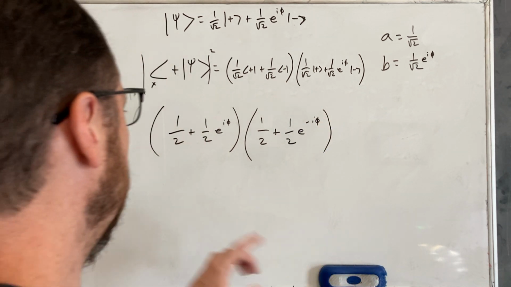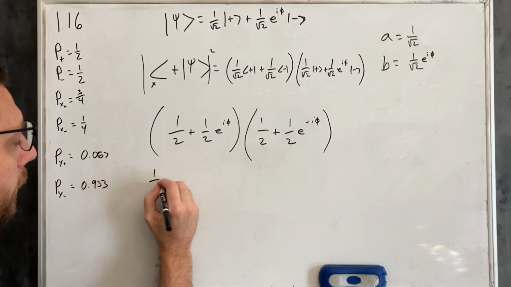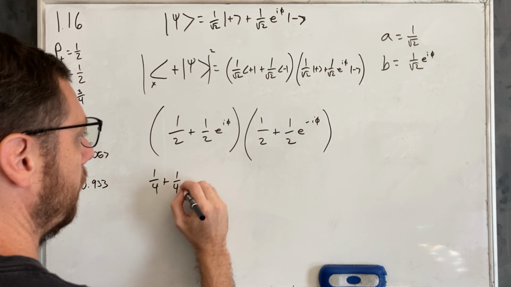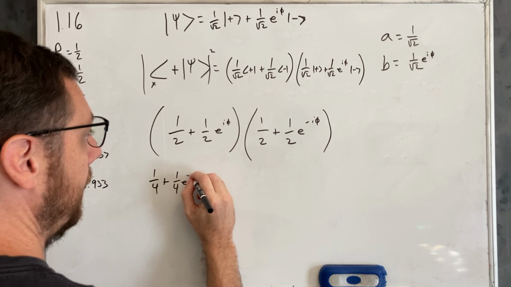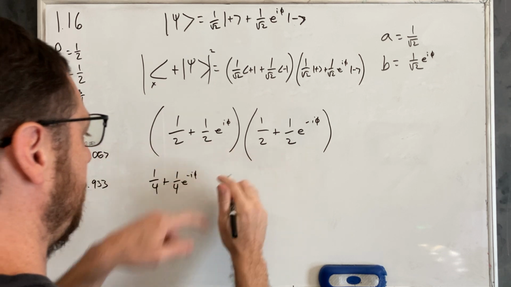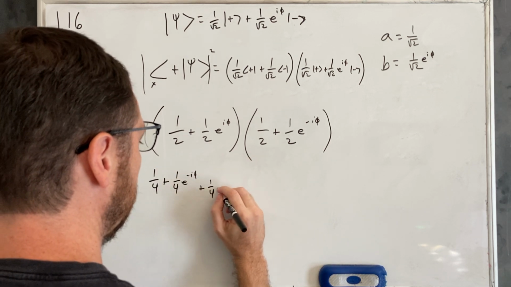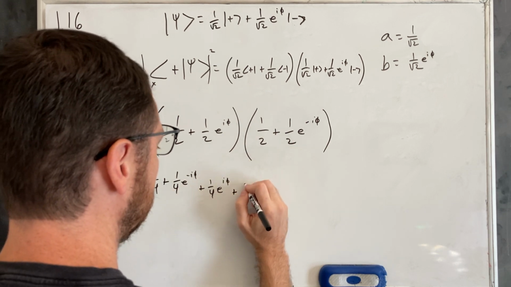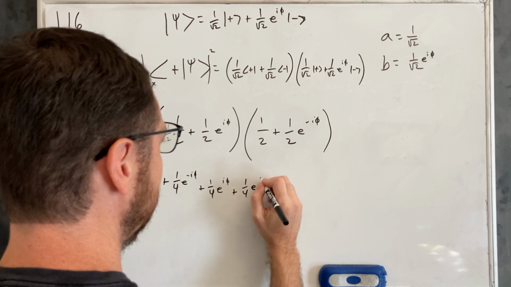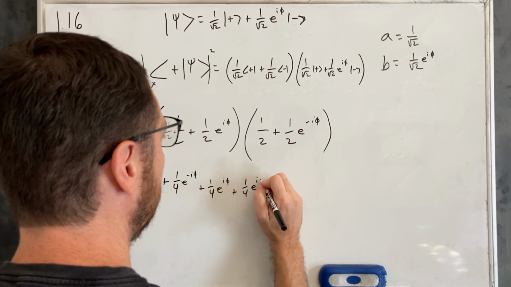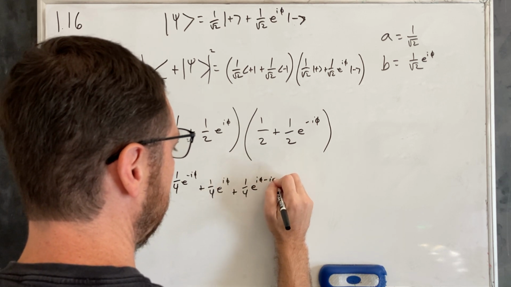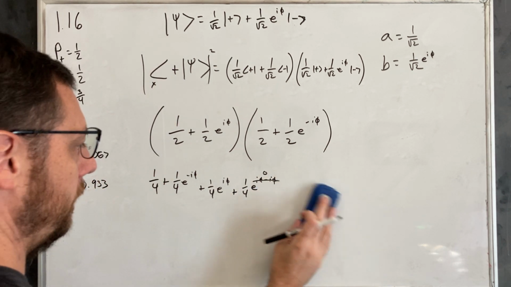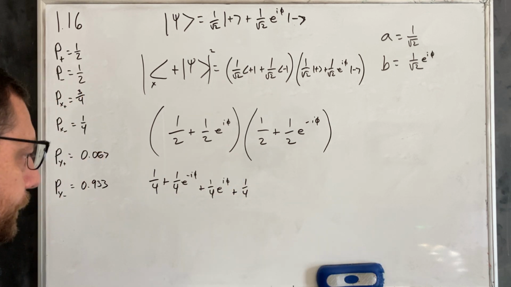Complex conjugate. All right, so then this is going to give us 1/4. This will give us plus 1/4 e to the negative i phi plus 1/4 e to the positive i phi, and plus 1/4 e to the i phi minus i phi, which is going to cancel out and be 0, so e to the 0, which means this will just cancel out and be 1.